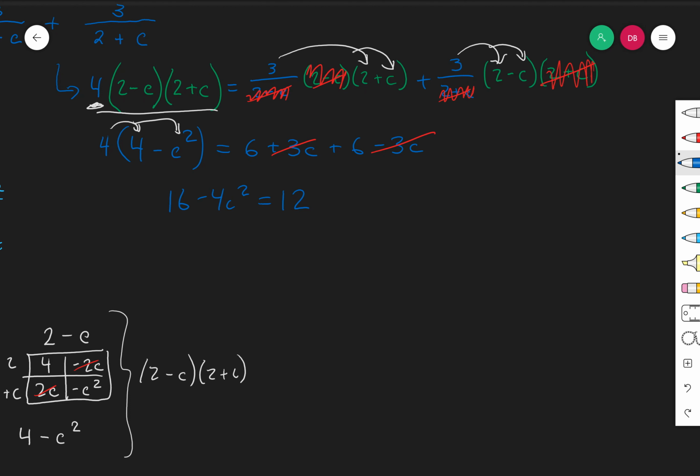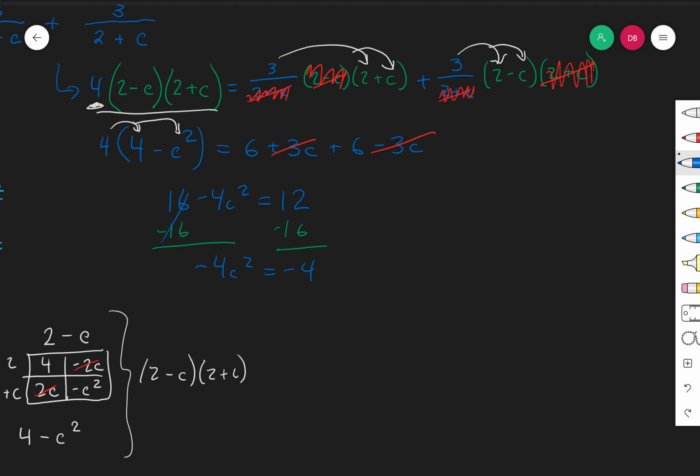Okay, so now we want to subtract 16 from both sides, trying to get the c by itself. In this case, we can, because there's no other c. There's just one c, so we can get it by itself. So here the 16's cancel, and we're left with negative 4c squared is equal to 12 minus 16, which is negative 4.